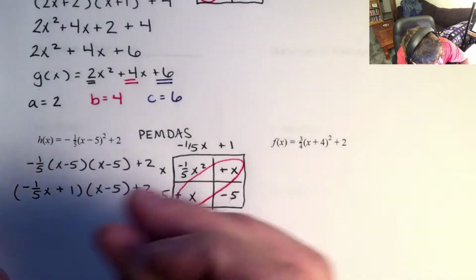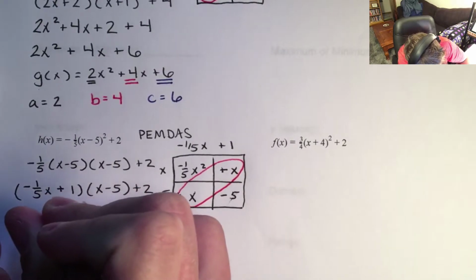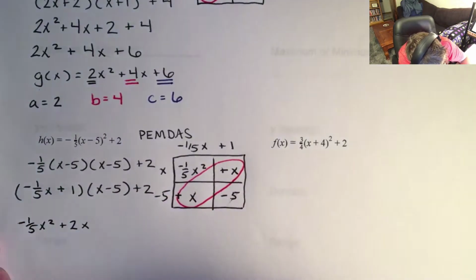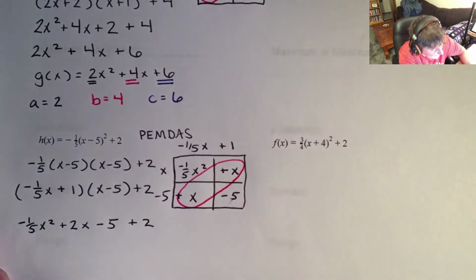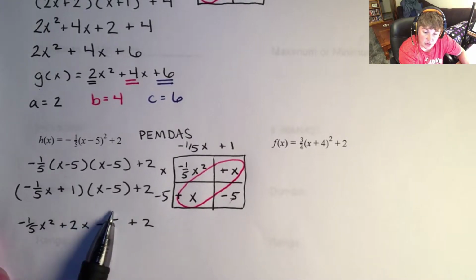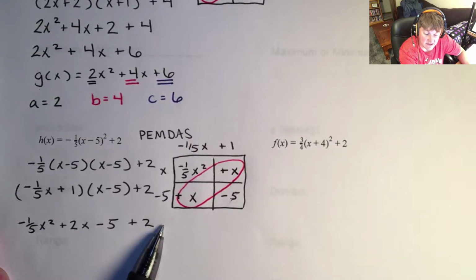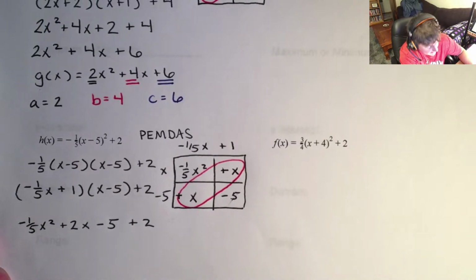So here I now have negative 1/5 x squared plus 2x minus 5, and then plus 2 out on the outside here that we were missing. Negative 5 plus 2, well, there's 3 more negatives in this 5 than positives in this 2, meaning that there's going to be negative 3 left over when I add these together.